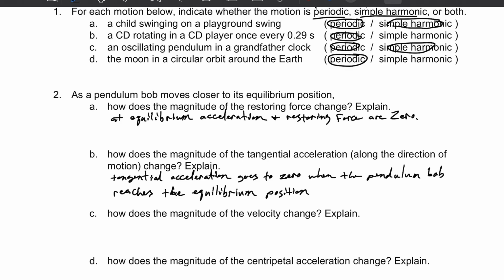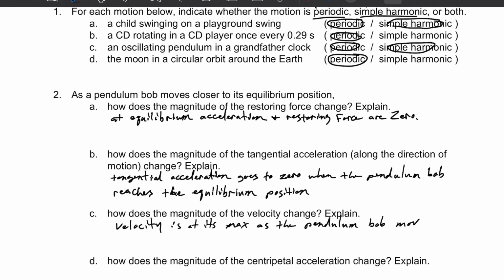How does the magnitude of the velocity change? Velocity will be at its maximum when you're at the equilibrium position. As you're approaching equilibrium, acceleration is increasing your velocity to its maximum point when you reach equilibrium. As soon as you're at equilibrium, acceleration is gone. You're no longer speeding up.